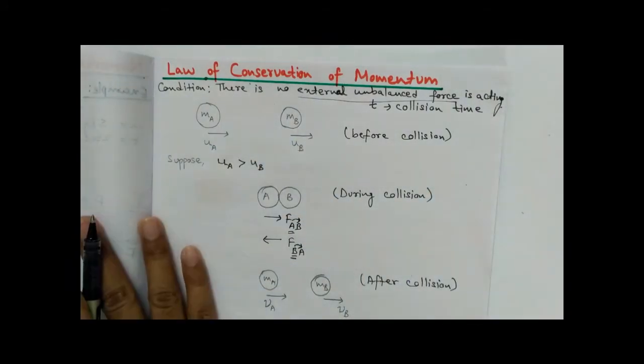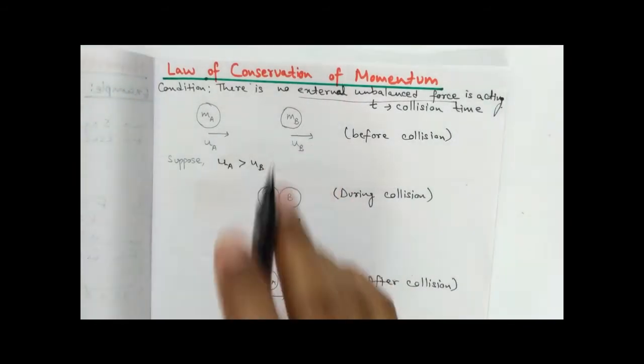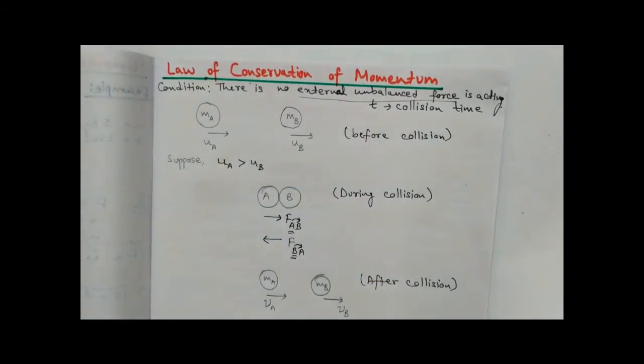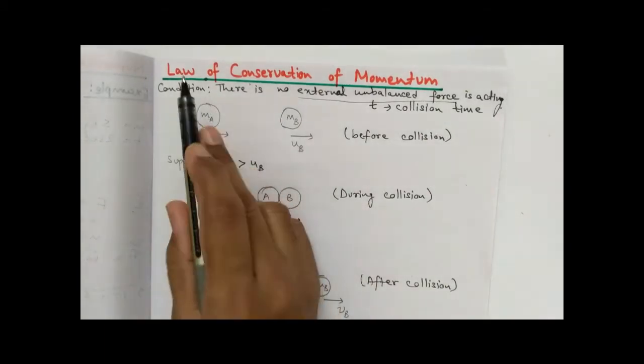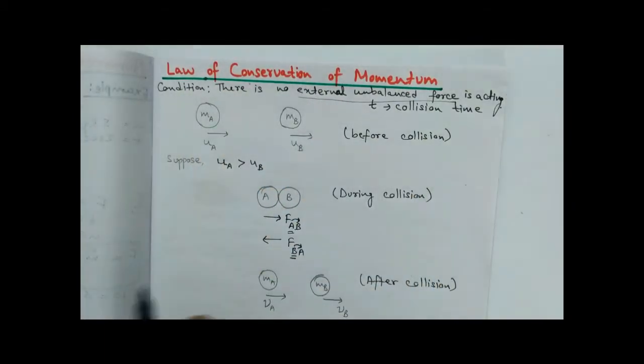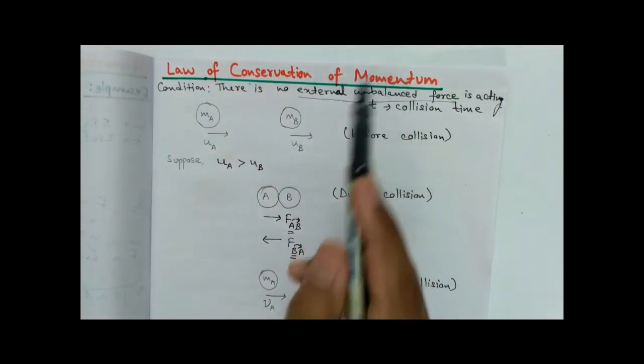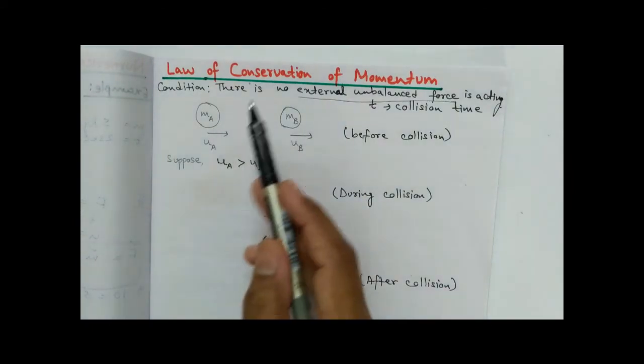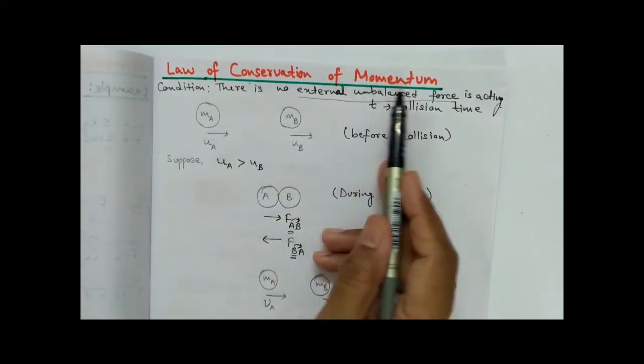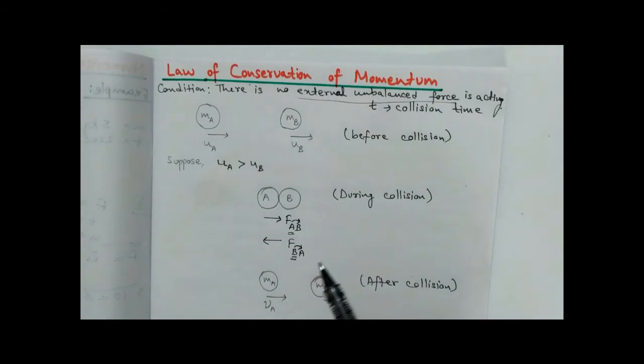Now tell me, what if an external force acts during the collision? Then the law of conservation of momentum will not hold true. The law of conservation of momentum holds true only when there are no external unbalanced forces acting.